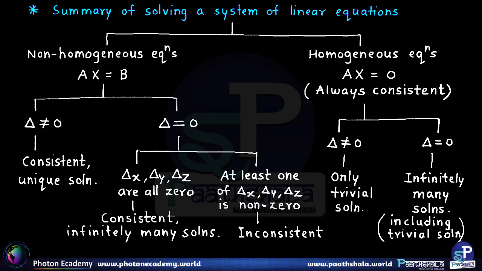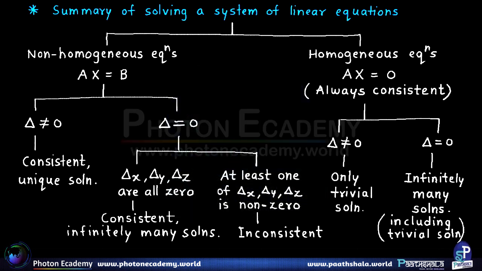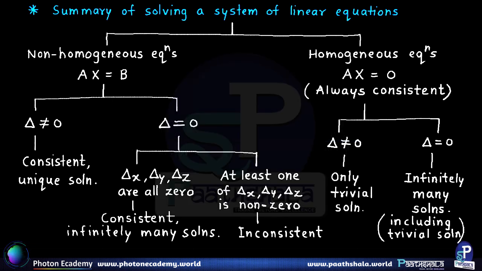On a high level we have two categories, that is, on the left we have non-homogeneous equations, which we denote symbolically as A x is equal to B, where A stands for the coefficients of the variables, x stands for the variables themselves, and B stands for the constants in the equations.